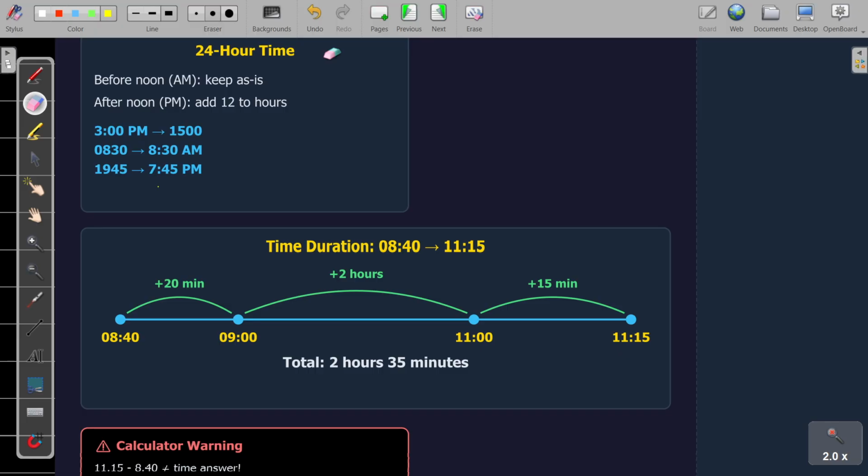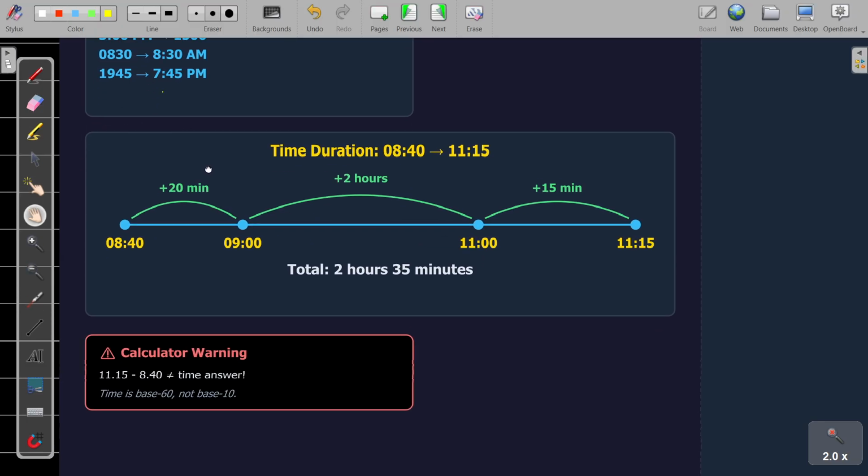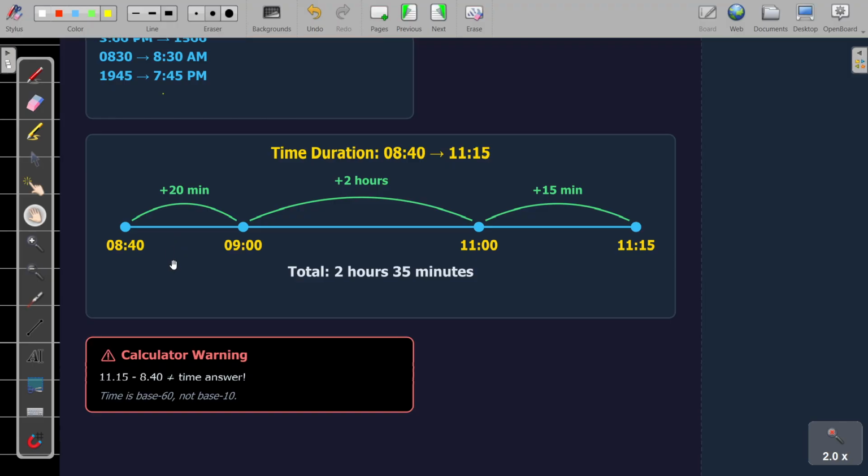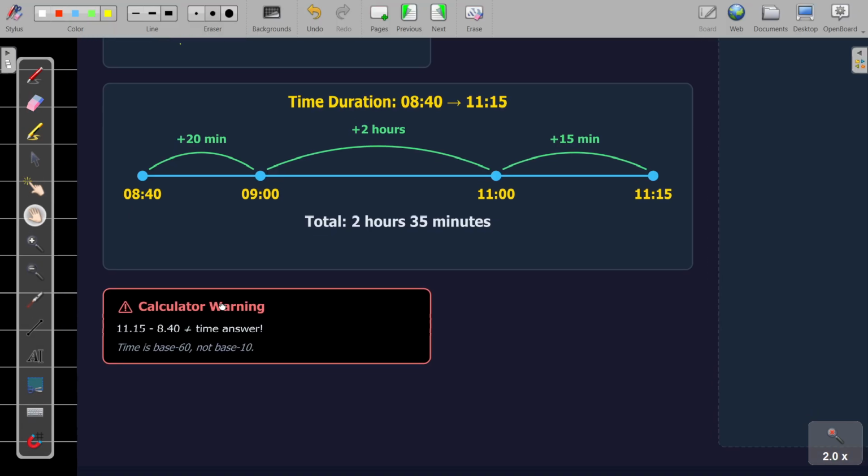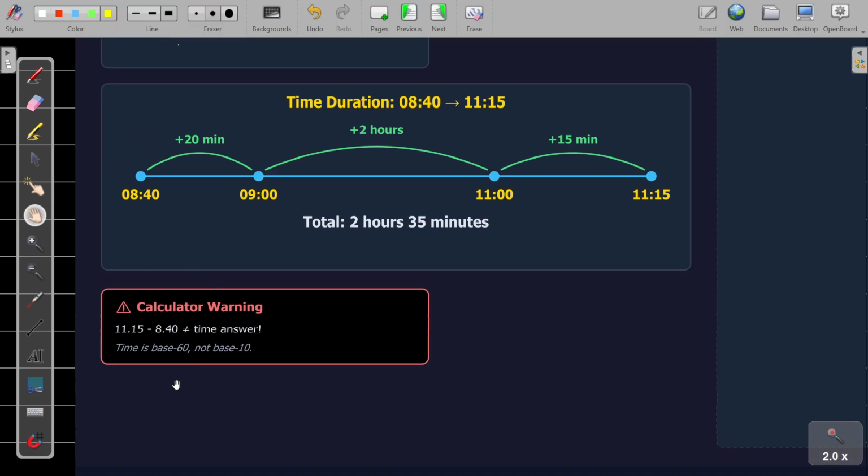Now, for time durations, it's going to be a little bit trippy. How much time passes from 8:40 a.m. to 11:15 a.m.? So, again, time is base 60. It's not going to be base 10.